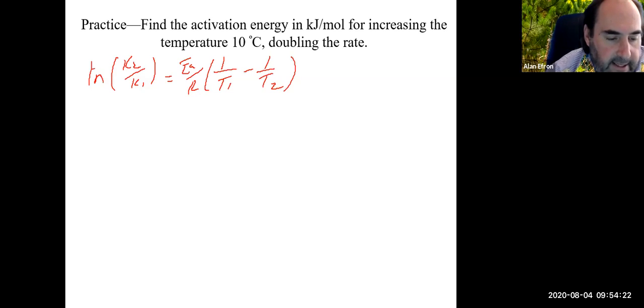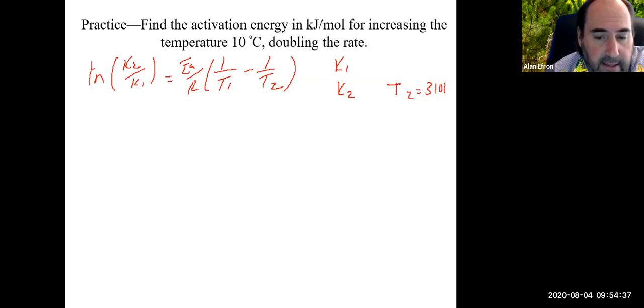In this case, they didn't actually give us the values of k1 and k2. But they did tell us that when we increase the temperature, which we're going to call T2 = 310 and T1 = 300, the rate will double.